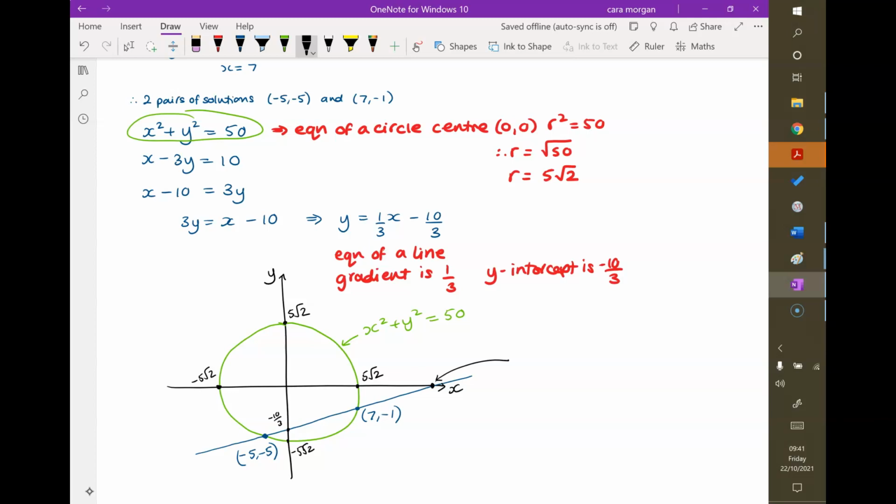That point of intersection there is where y is equal to 0. So 0 is a third of x, subtract 10/3, and therefore 10/3 would be equal to a third of x, and therefore x would equal 10. So that's what a good mathematical sketch should show. Absolutely no scales or anything like that, and I've got all the important values there that I would ever need.